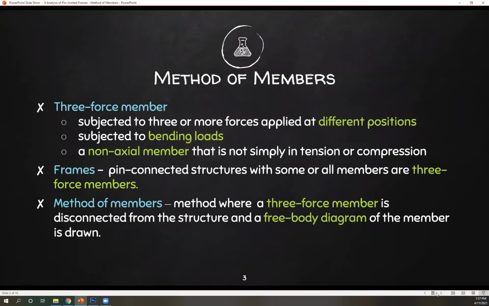Okay? So that will cause bending action. Therefore, three-force members are also subjected to bending loads. And then, another characteristic of a three-force member is that it is a non-axial member that is not simply in tension or compression, unlike what we've been solving for earlier.